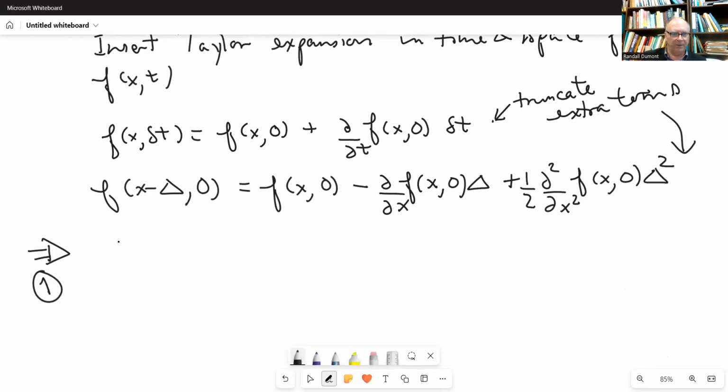And we get f of x0 plus. There's going to be a delta t in front, and we're going to have the derivative of, so we're going to call that d. I'm just going to simplify my notation. That'll be my first derivative with respect to time.